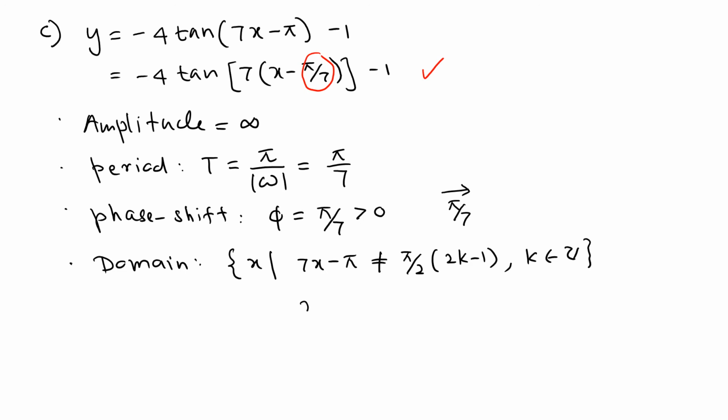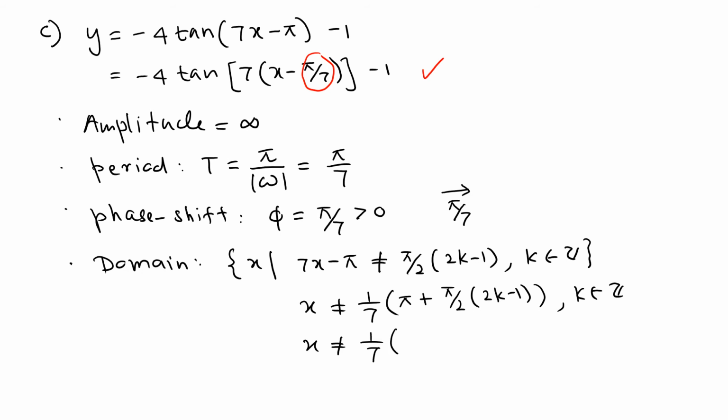So that means x cannot be equal to 1 over 7 times pi plus pi over 2 times (2k minus 1), where k is an integer. This can also be simplified to x not equal to 1 over 7, and you add the pi, which means 2 times pi over 2.